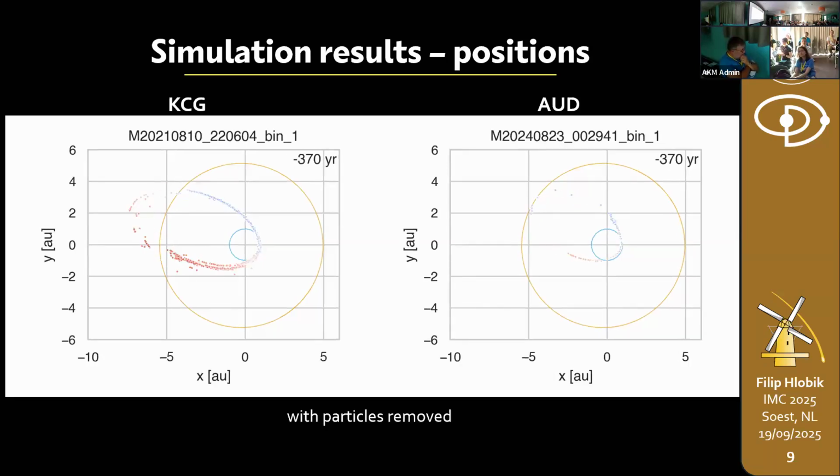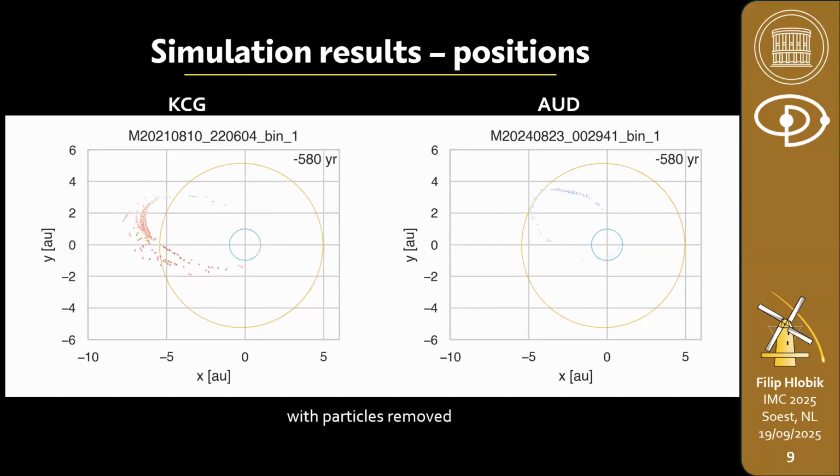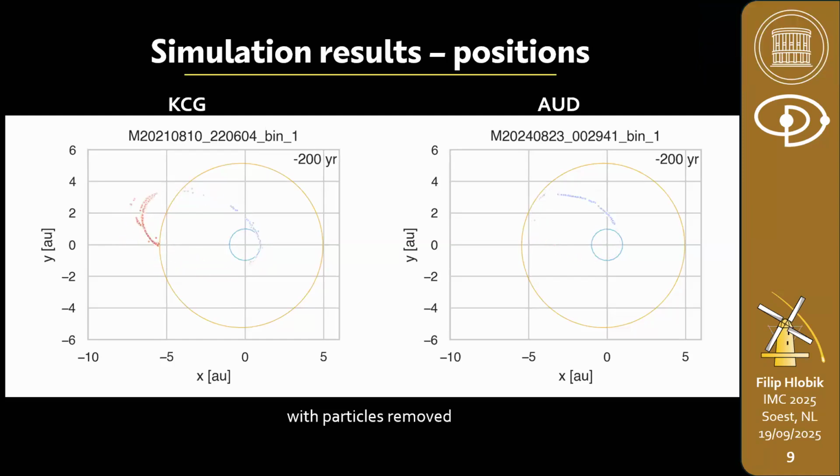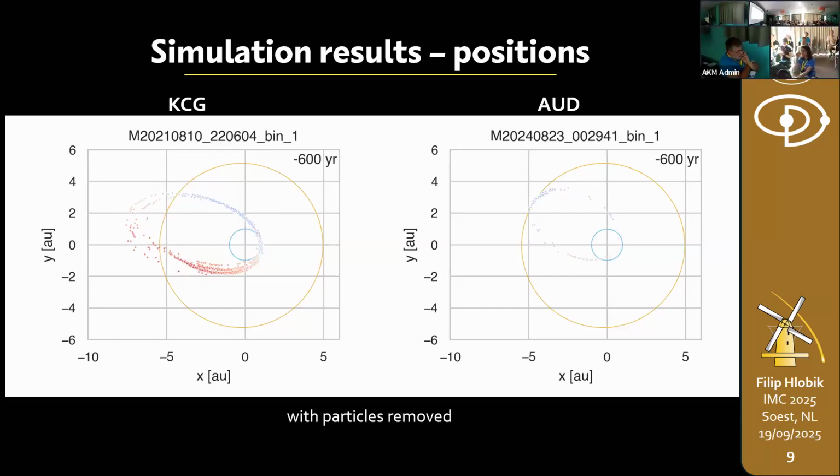To better understand the unperturbed behavior, we removed all the particles which had some kind of close encounter with the planet, and these are shown in these. So yeah, we can see that for the August Draconids, not a lot of them are left.